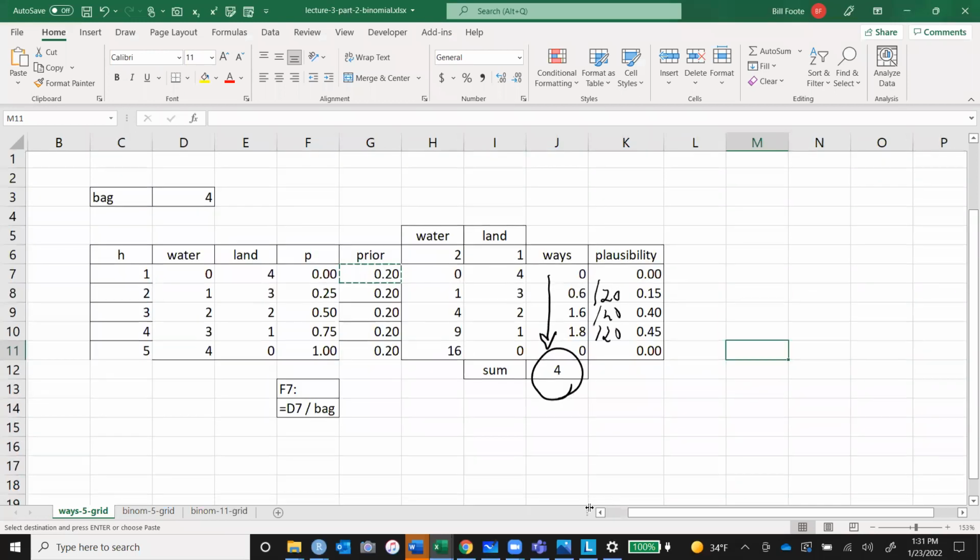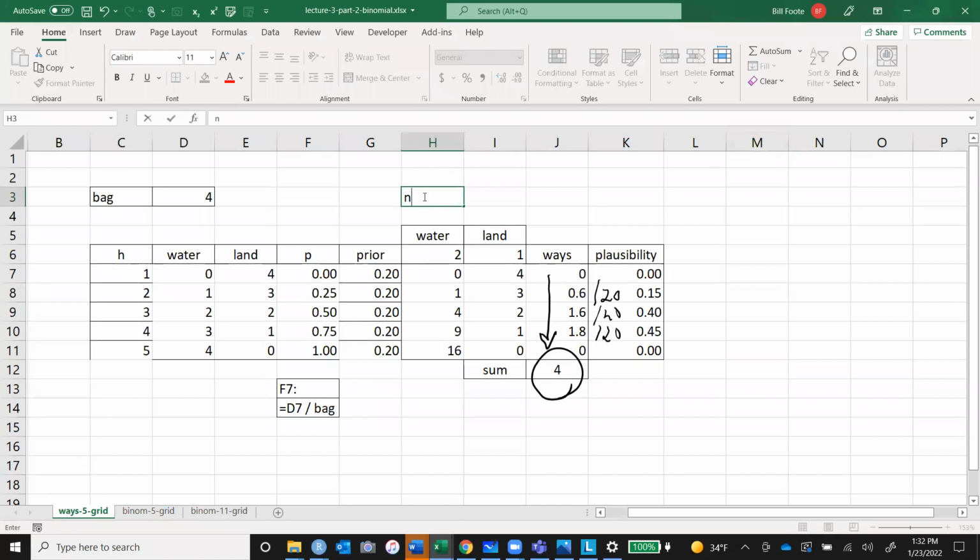And this should be, again, fairly straightforward to do. I'm going to write out a couple of things here that'll be a little bit different. We're going to say N and X for our data.